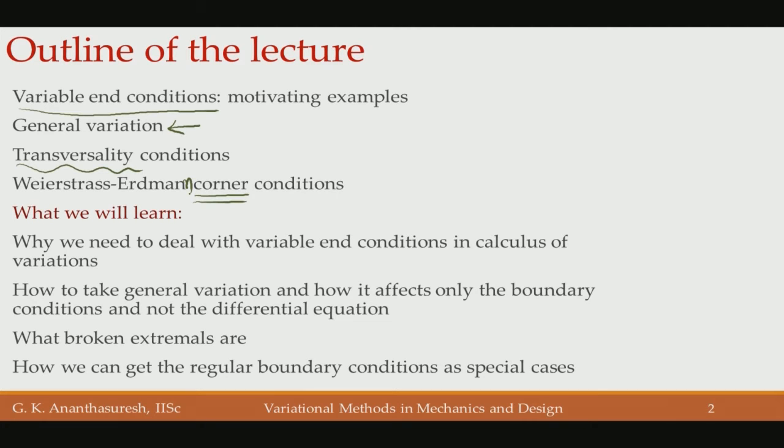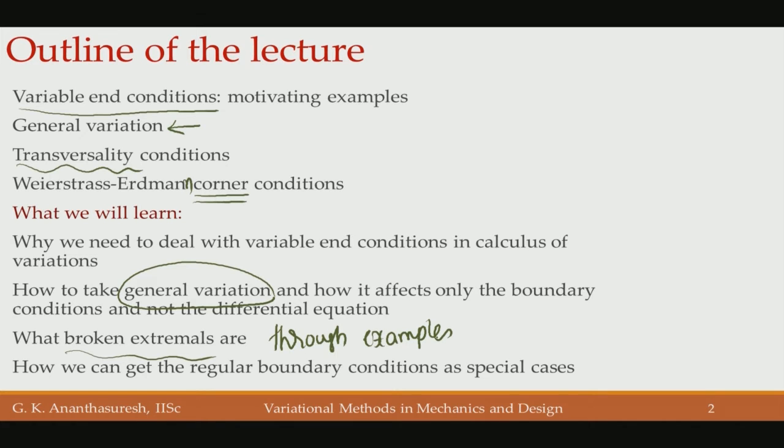Okay. What we will learn here is how to deal with variable end conditions and how we can take this general variation, which is more than the Gateaux variation that we have studied so far, and we will see how a broken extremal looks like through examples.